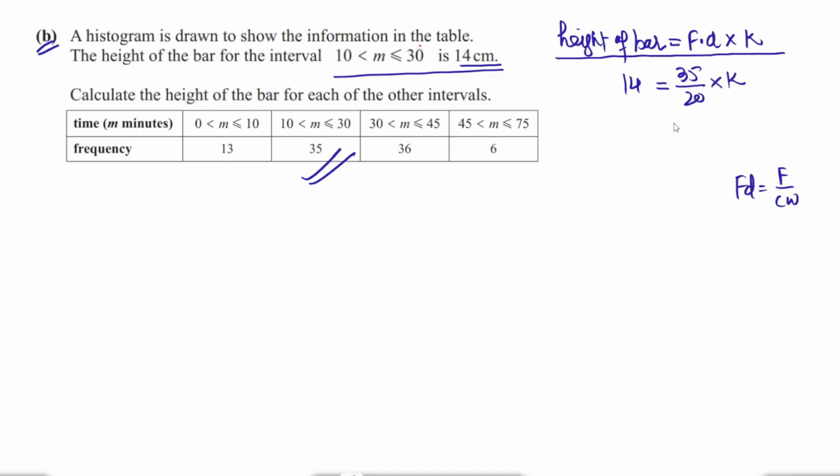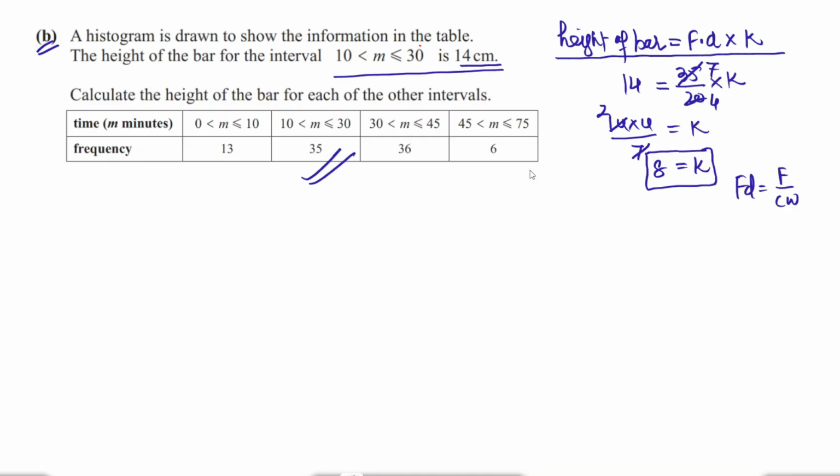Now we have to find the value of k. 14 into 4, because 4 is being divided here, it will go and multiply, and 7 is multiplying here, it will go and divide. 7 twos are 14, so the constant k is 8.